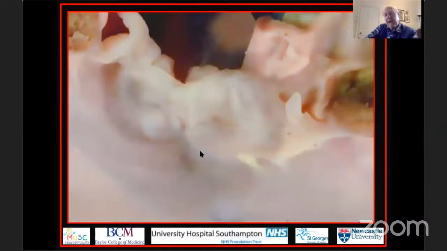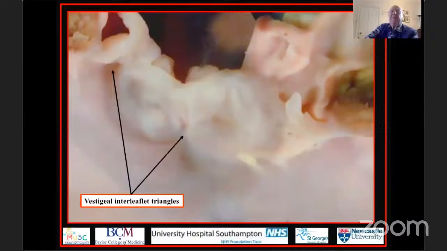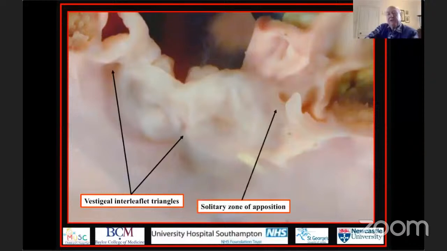So this is how I see the valves. You're going to see a much better image of this when Diane shows you the specimens, but what we see here is vestigial interleaflet triangles. And we as anatomists, that's what we're going to concentrate upon when we discuss this entity.